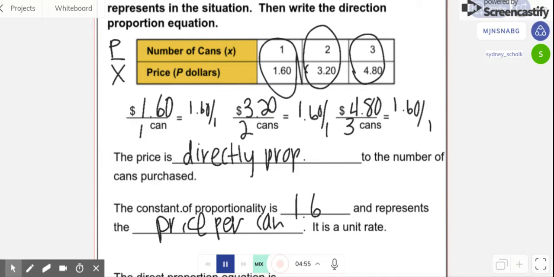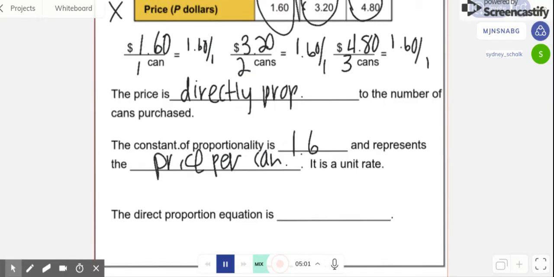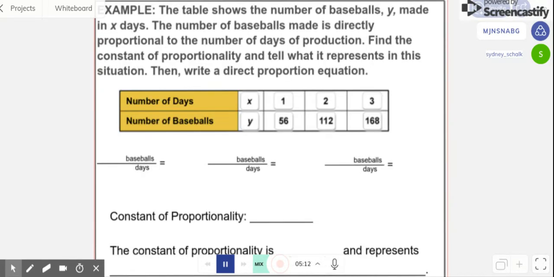It is a unit rate. A unit rate is when the denominator is 1. And finally, the direct variation equation is P equals 1.6x, 1.6 being our K. Last example, try it on your own and then come back and see how you did.